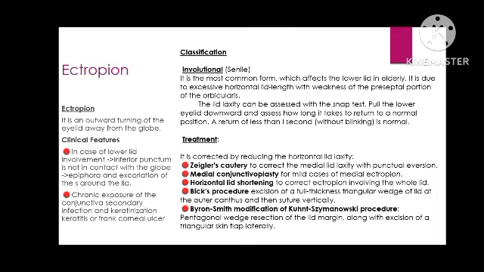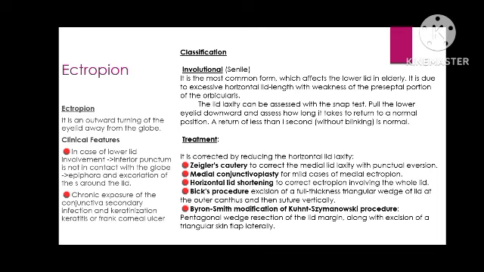And treatment is to correct by the reduction of the horizontal lid laxity, is the first category. To correct the medial eyelid laxity with the punctal evertor and medial conjunctivoplasty is for a mild case of medial ectropion.